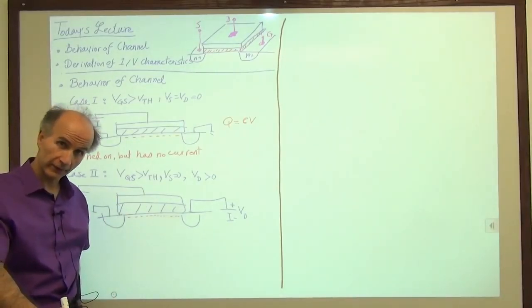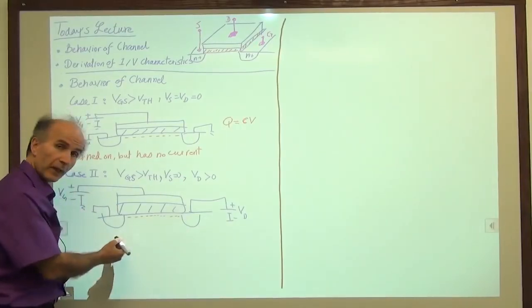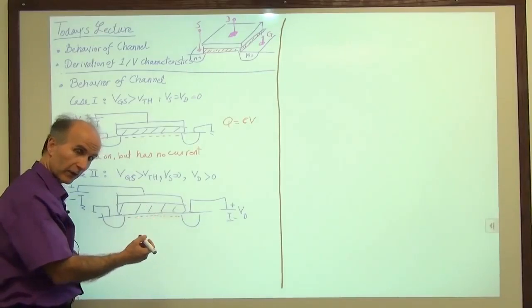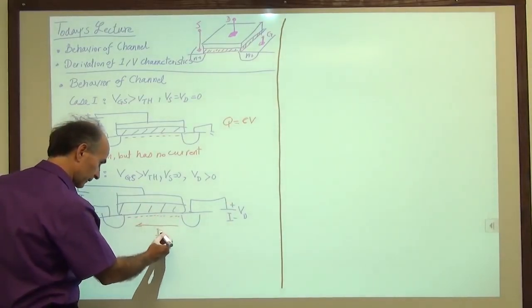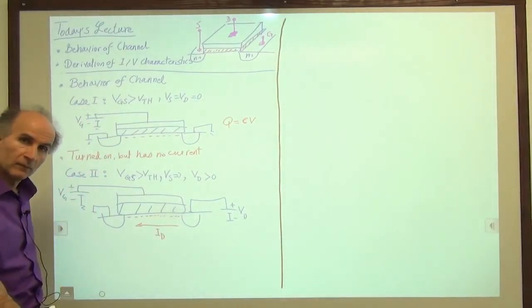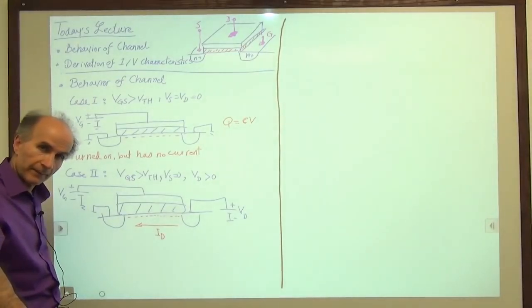So there's a current. I will draw an arrow this way to comply with the convention, meaning positive current. So positive current is flowing this way. We call that ID, the drain current. Okay, so far so good, and that's relatively obvious.